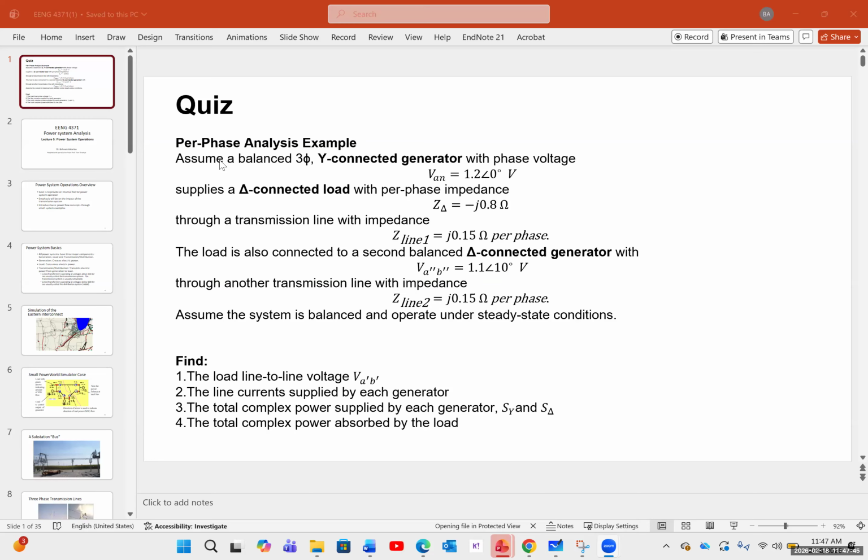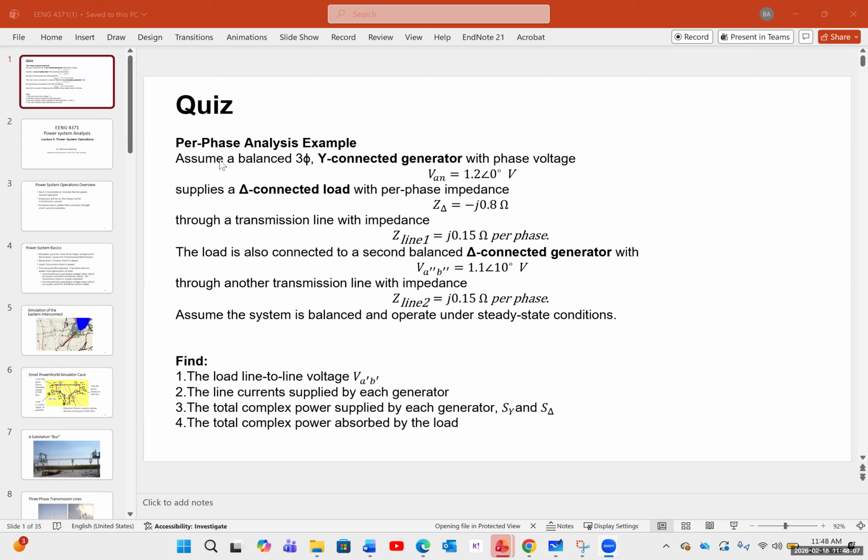It goes through a transmission line with an impedance of j0.15 ohms per phase, and the load is also connected to a second balanced delta-connected generator with a voltage of 1.1 at an angle of 10 degrees volts through another transmission line with an impedance of j0.15 ohms.